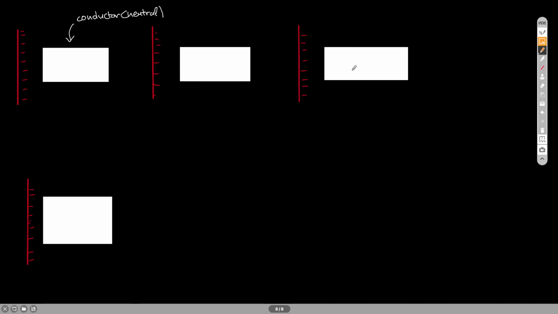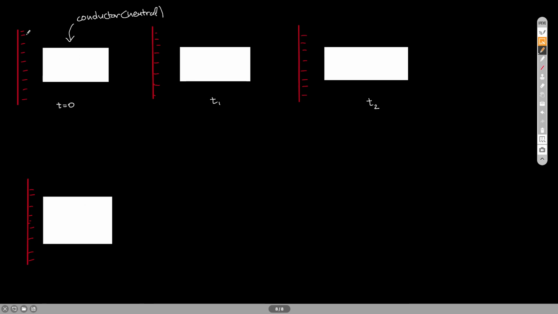I've drawn the same picture several times. This will be at different moments in time. So let's say this will be at t equals 0. This will be at t1 a little bit later. This will be at t2, and this will be even later.